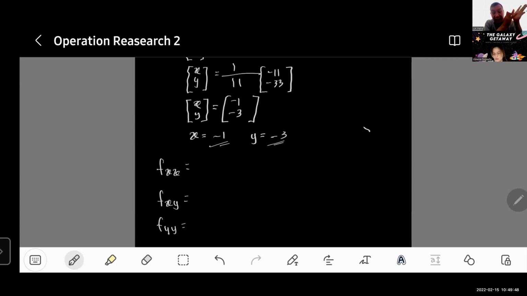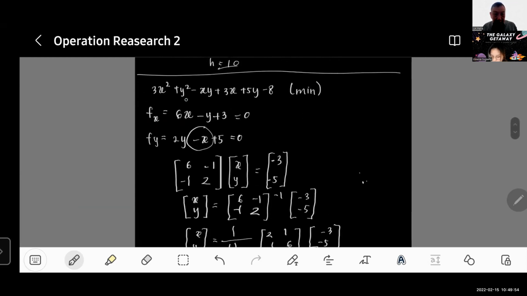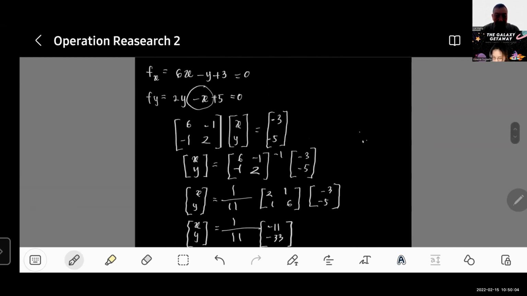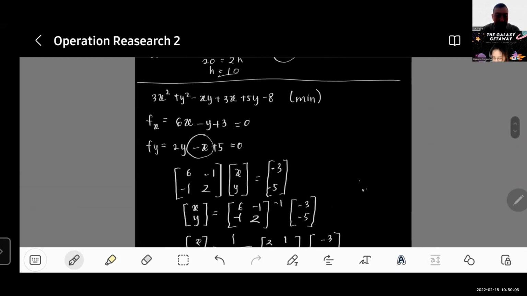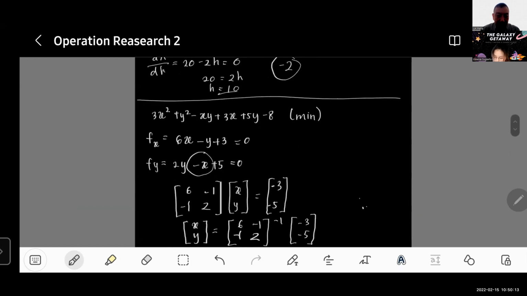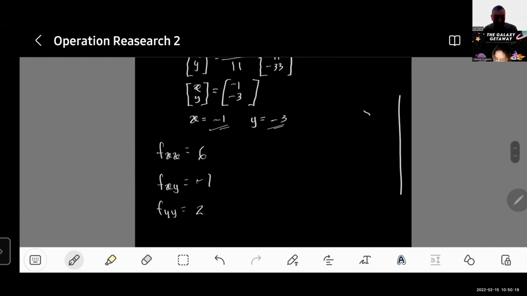So fyx is exactly the same as fxy, right? So no need to consider that. fxx is 6, okay, and then fxy is minus 1, and then fyy is 2. Okay.